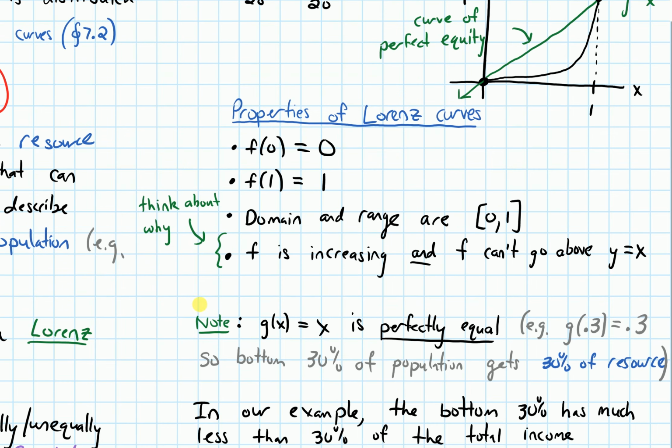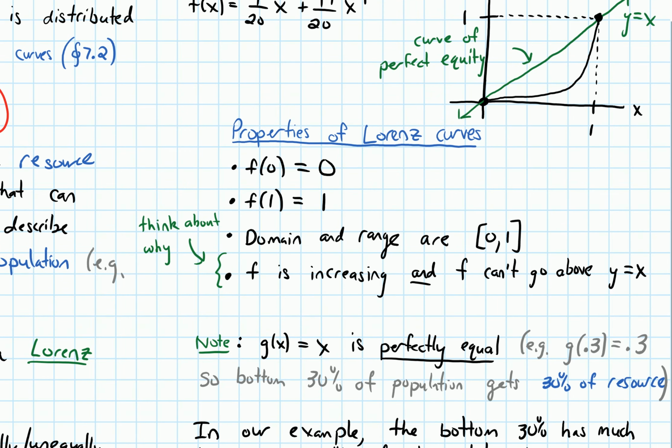And I can see that from my graph. If I look at the point where x is 0.3, the point on the graph above 0.3 on my Lorenz curve f of x, and then on the y equals x curve, the y values are way different.